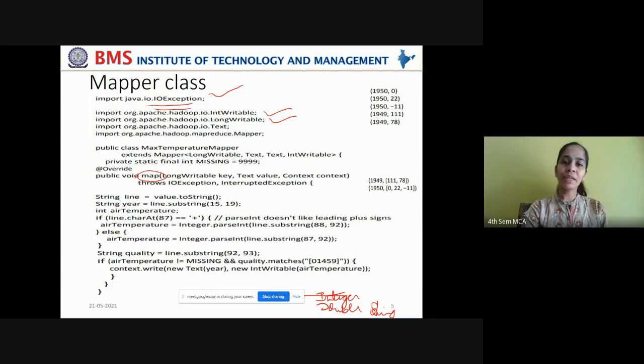For Hadoop, instead of Integer, we take IntWritable, and instead of Long, we take LongWritable. Okay, these two belong to the io subpackage, which belongs to org.apache.hadoop. Understand this carefully. So IntWritable, LongWritable, Text, these are all the data types of Hadoop, which are analogous to Java's Integer, Long, and String data types. Okay, so for Integer we use IntWritable in Hadoop.